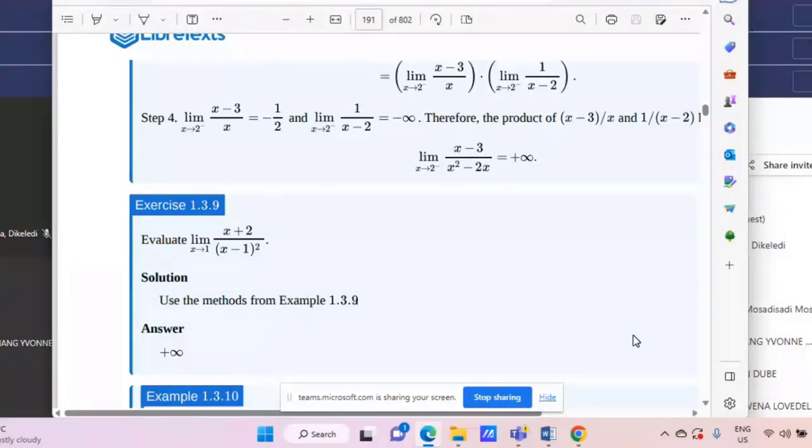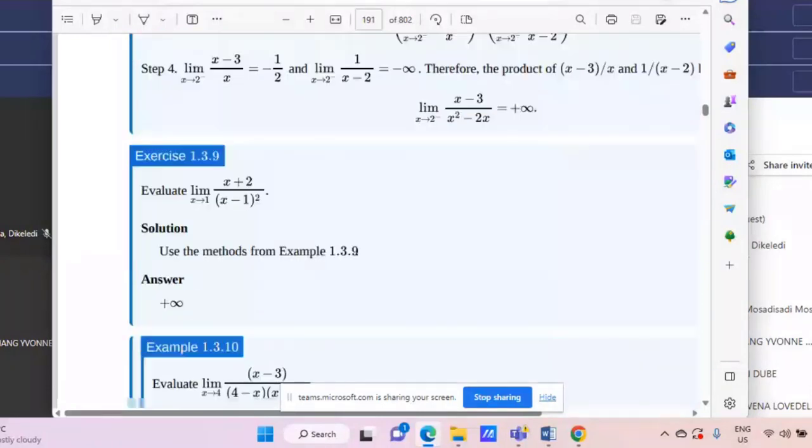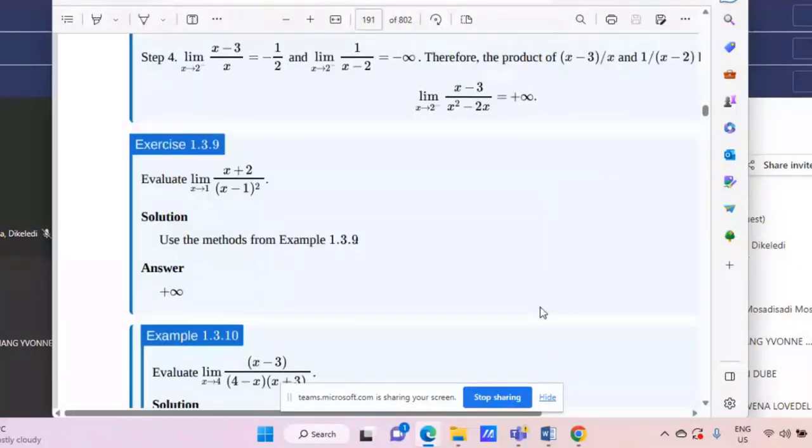Now, let's continue. Where are we going now? We are now coming here. In this exercise, where did I write?